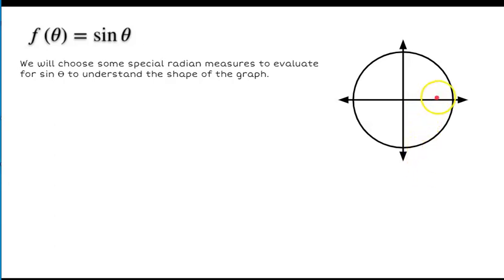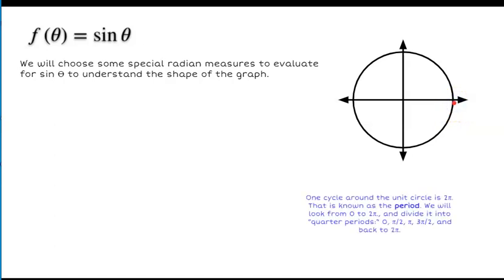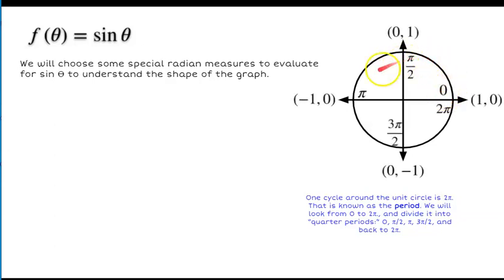We know that one cycle around the unit circle is 360 degrees, or 2 pi. That is also known as the period. We will look from 0 to 2 pi and divide it into quarter periods.